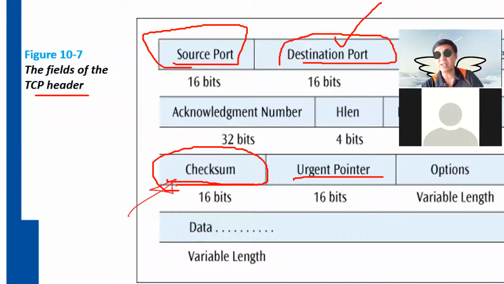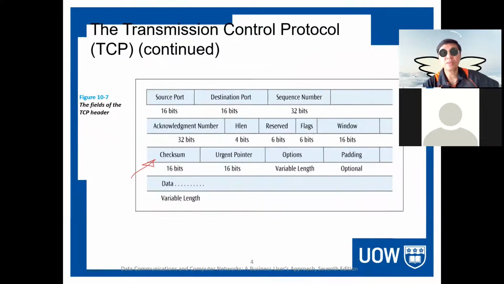And also a 16-bit field that contains the urgency, whether it's high priority, high urgency, not so urgent, etc. So based on these pointers, you can see there is quite a range of header fields which are actually scrutinized by the TCP protocol layer.